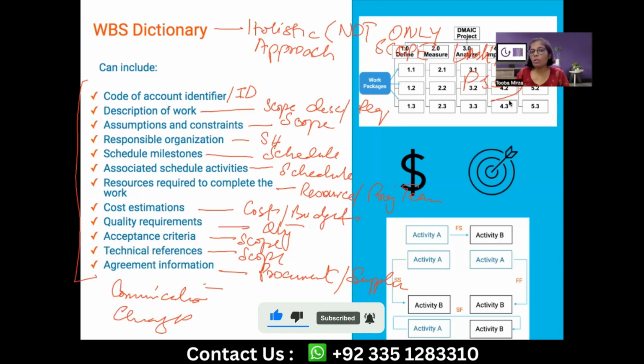Then your budgeting will give you each and every element's budget estimations in the WBS. So as you move along in the project planning in predictive projects, you get certain part of planning done and you come back to the WBS and you update it.